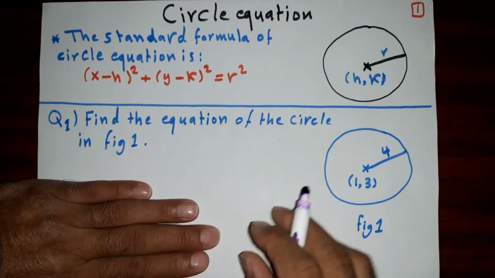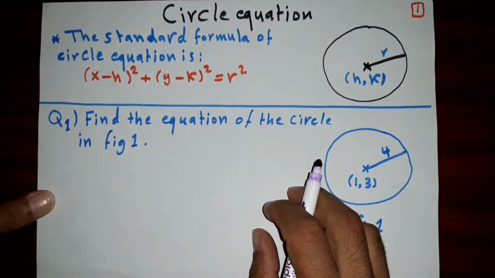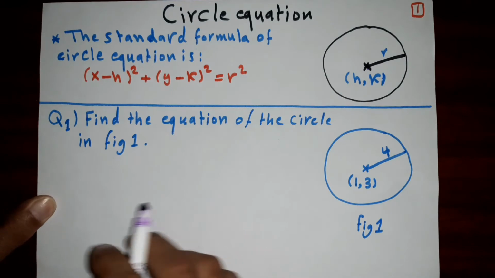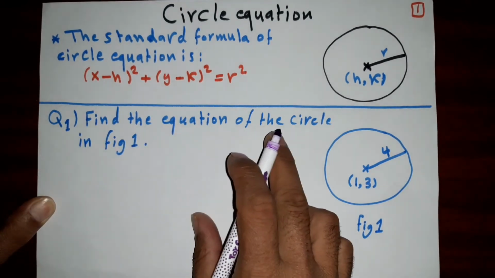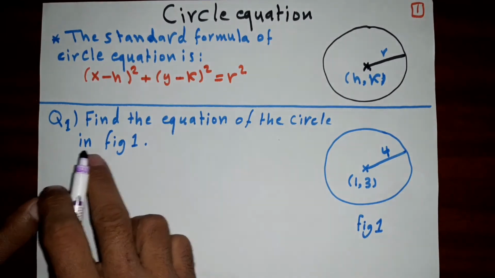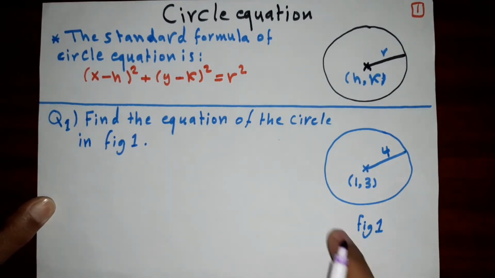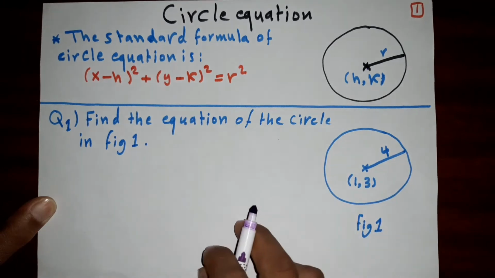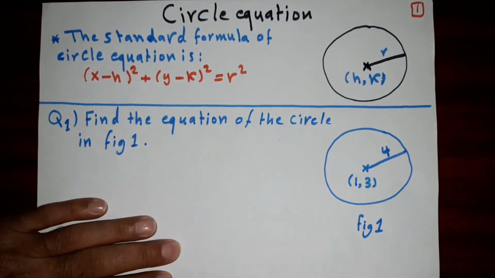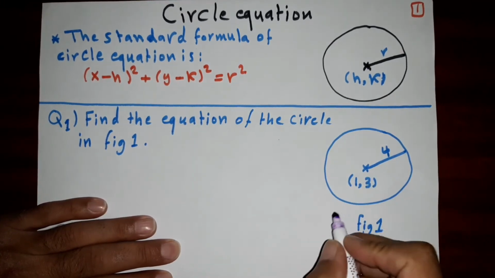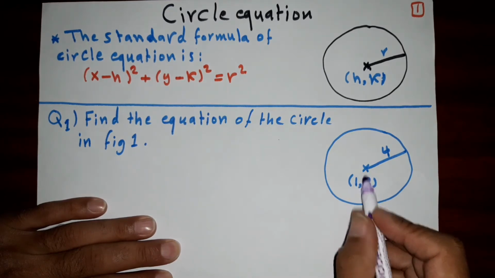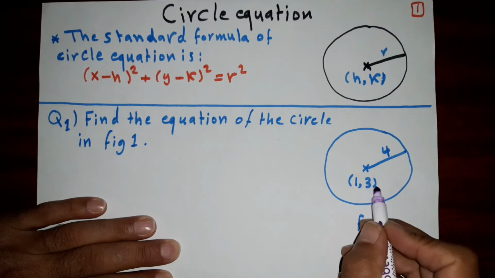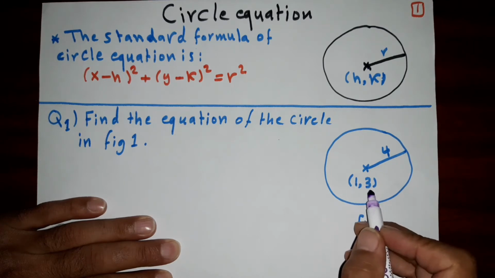Let's take this question. Question 1. Find the equation of the circle in figure 1. This is the circle in figure 1. We see the center, the coordinates of the center. The center is a point, and the coordinates of this point are 1, 3. X coordinate 1 and y coordinate 3.